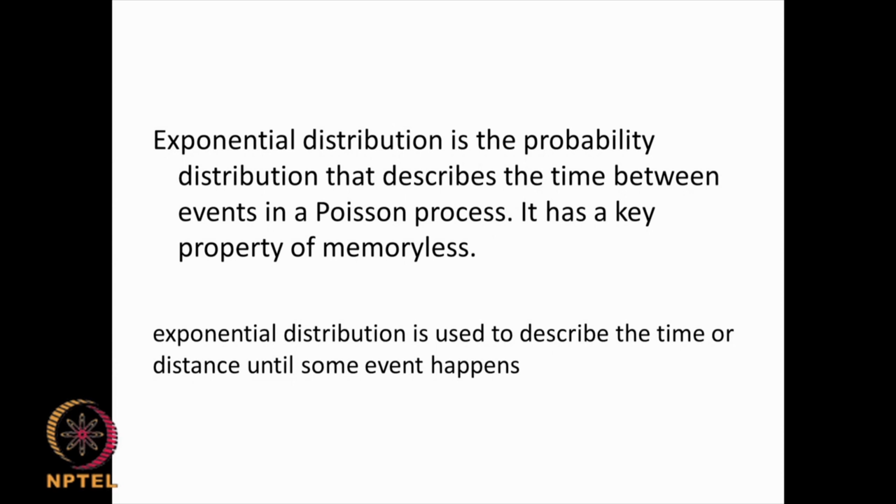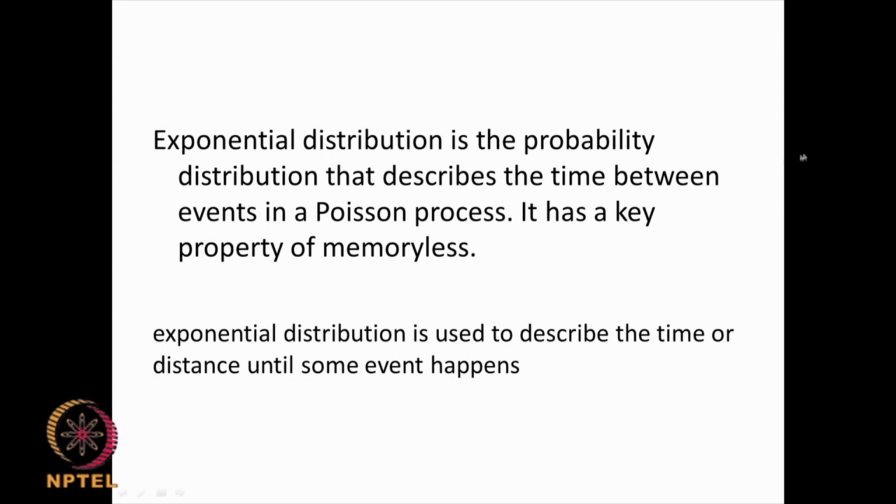There are 10 infant mortality in South India over a period of 6 months. That sort of information it gives, the number of events. But the exponential distribution gives you the time between events. What is the time it will take for the next event to happen, that sort of times it gives.